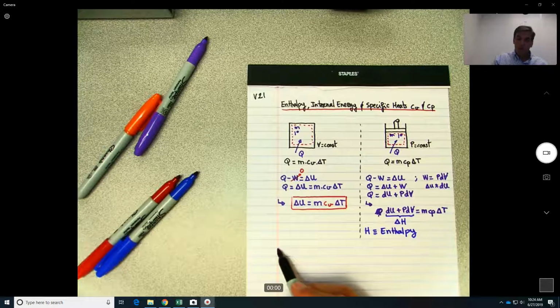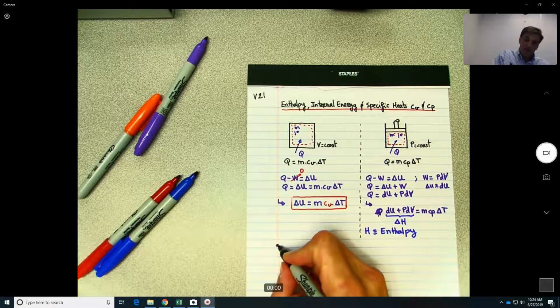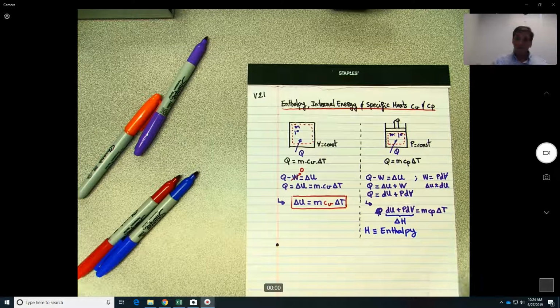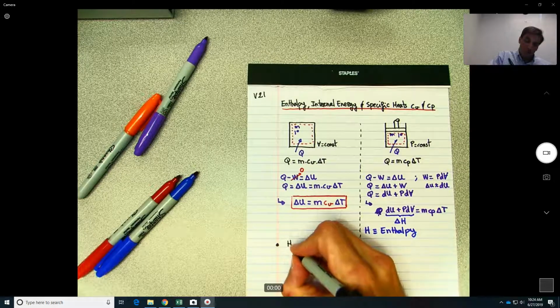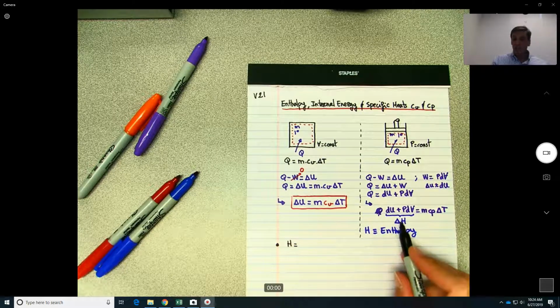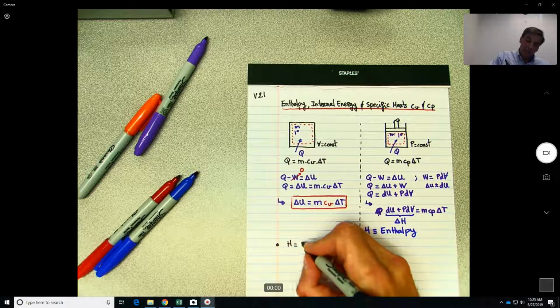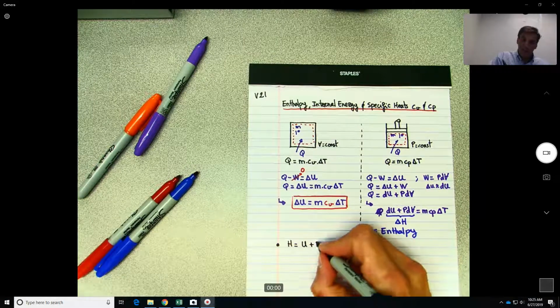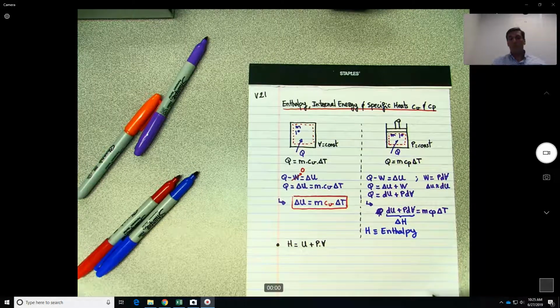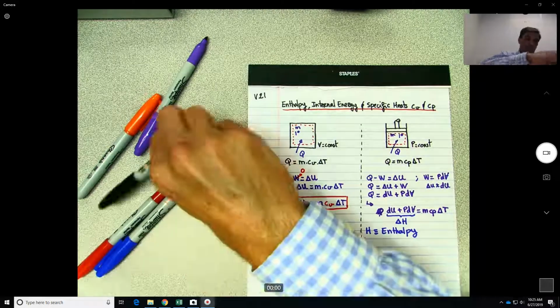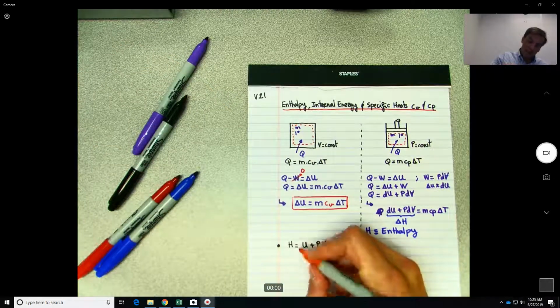So I'm just going to go now to this side of the page just to show something. So the real definition of the enthalpy. This is the change in enthalpy over here, it is internal energy plus work done by pressure. Okay? So this is the internal energy.